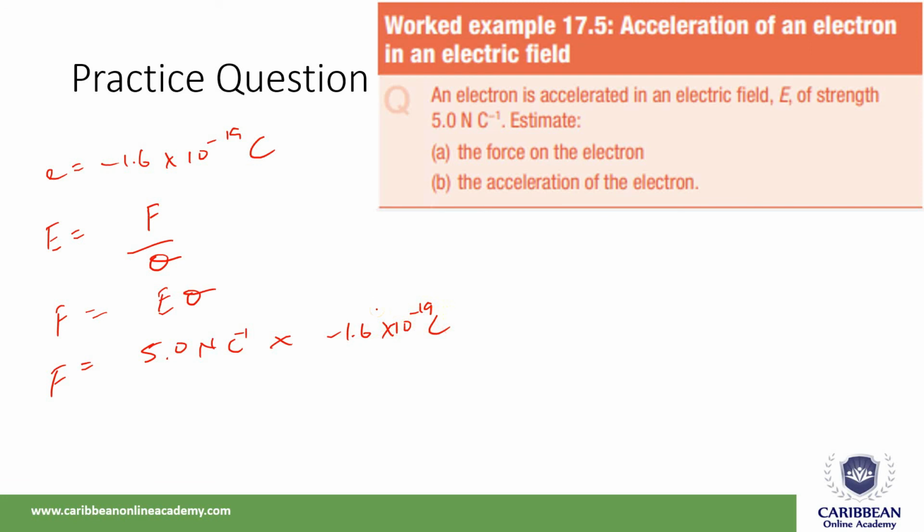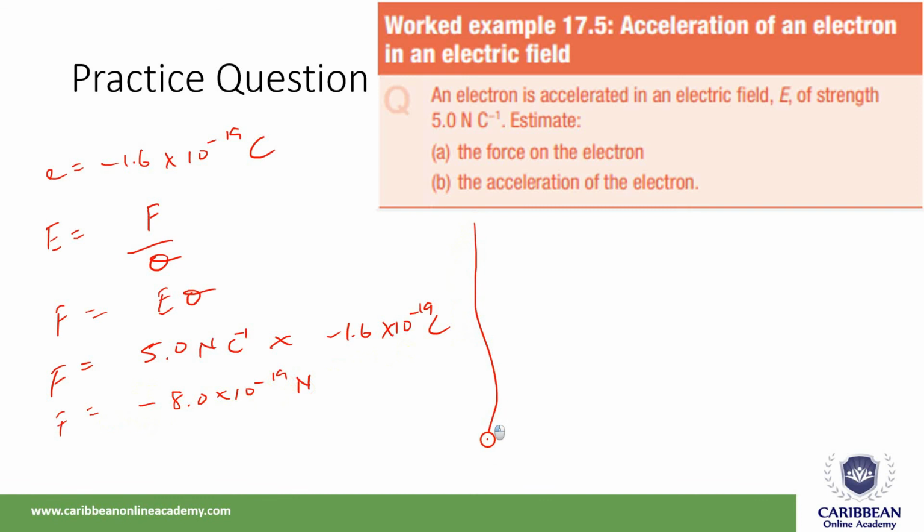By way of calculation, 5 multiplied by negative 1.6 times 10 to the minus 19 gives us a force of minus 8.0 times 10 to the minus 19 newtons. The negative sign just shows the direction of the force, so that force will be going downwards.